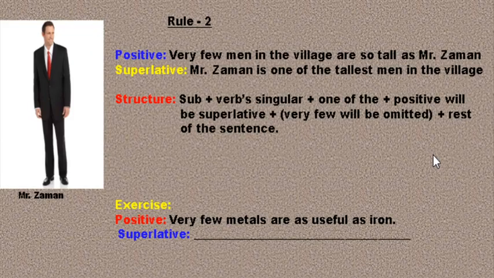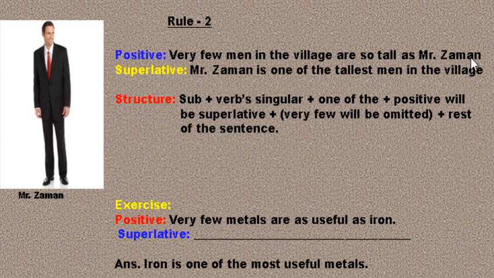Now positive to superlative. Very few men in the village are so tall as Mr. Jaman. How you can change it? You can see I have a hint here. Which word you will use? Very few. So instead of very few, you have to use one of the. Mr. Jaman is one of the tallest men in the village.